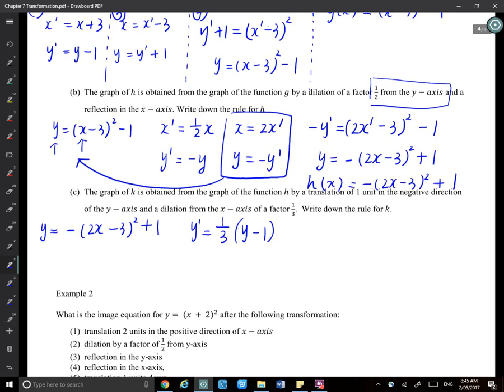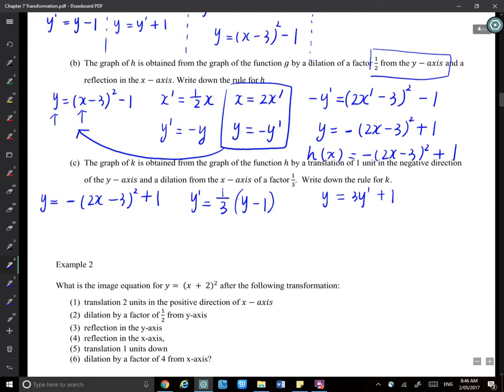We don't have anything happening on the x side. So what I can write is y = 3y' + 1. And then I can put that into the function: y changes to 3y' + 1 equals -2(x - 3)² + 1.